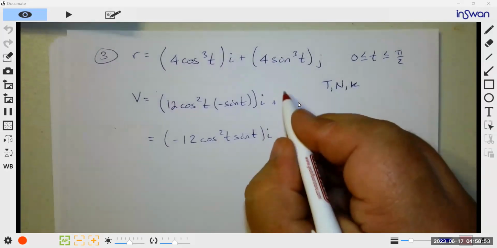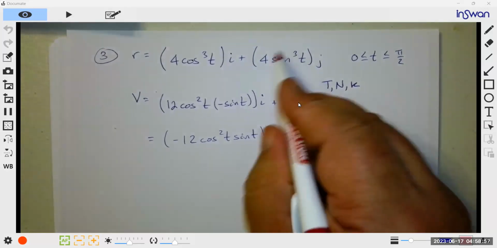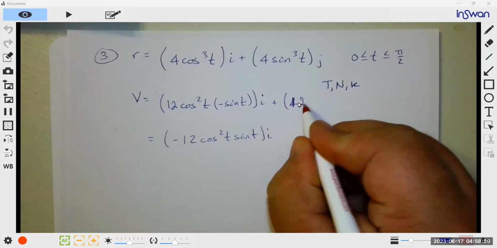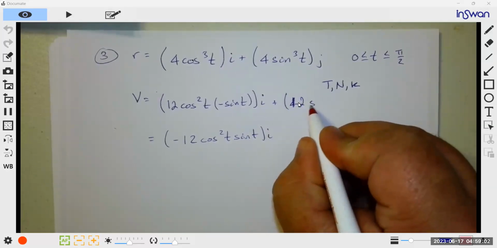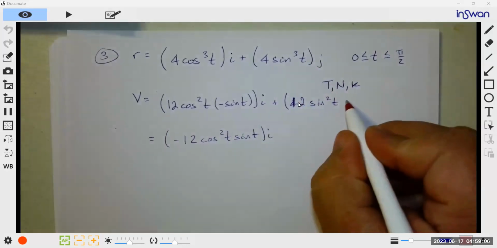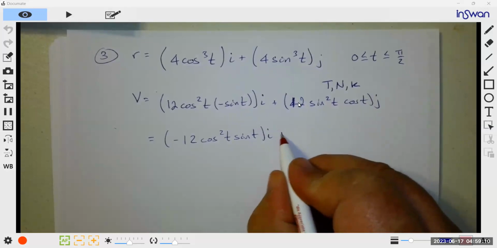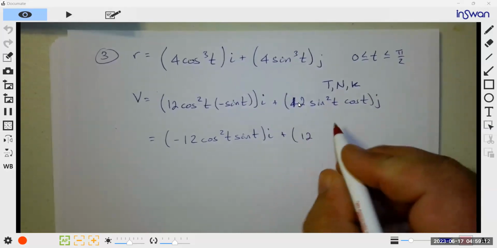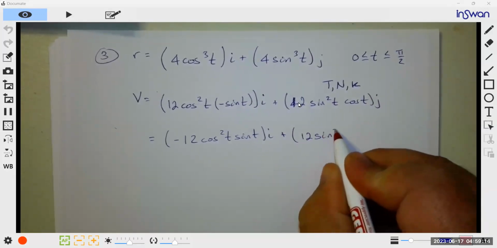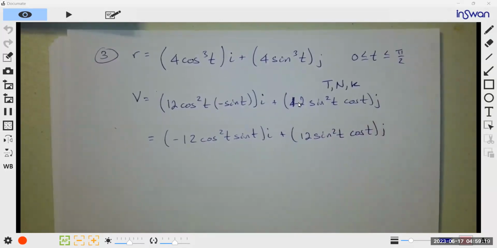Same thing in the second one: 3 times 4 is 12, take the derivative of sine squared, so it's sine squared t, now the derivative of sine is cosine t j. So that second one's 12 sine squared t cosine t j.